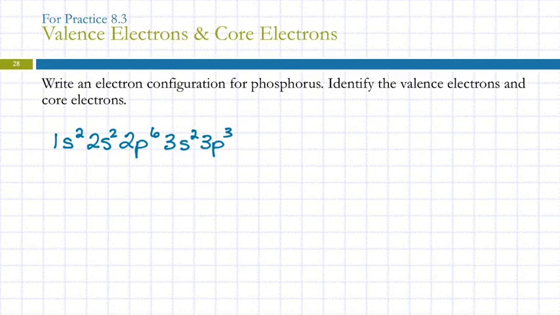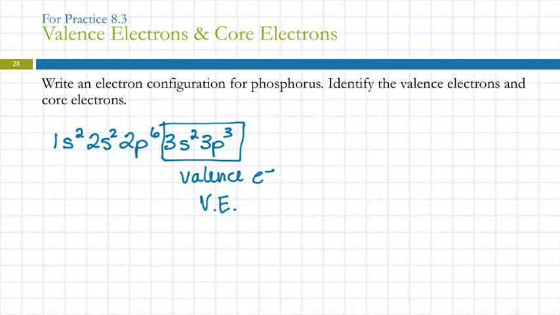Identify the valence electrons and the core electrons. So what we're looking for is what's the highest floor in the hotel that has electrons on it? The 3rd floor. So these are the valence electrons. Sometimes I call them VE.